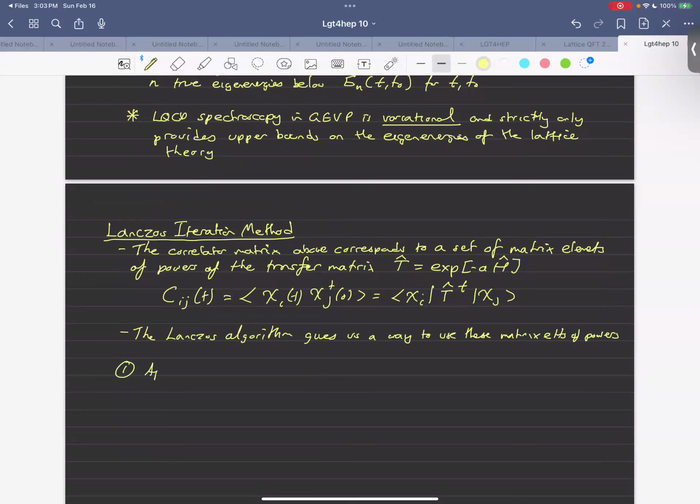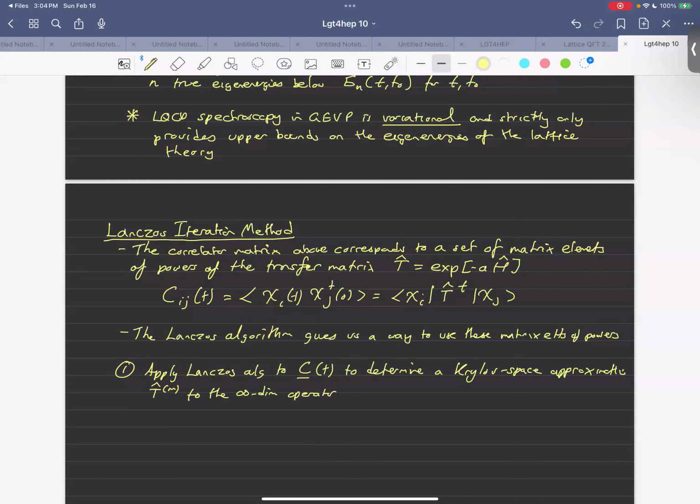First, we apply Lanczos to the matrix C of t to determine what's called a Krylov space approximation T_m to the infinite dimensional operator T. That's after m iterations, and as m increases, the approximation gets better and better.